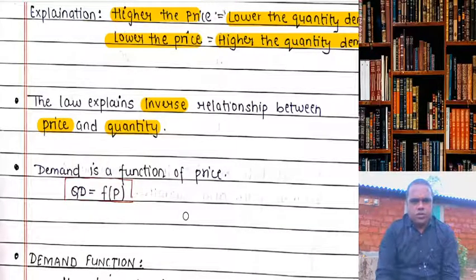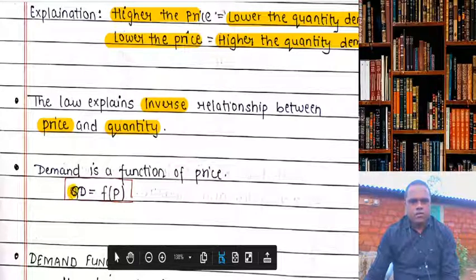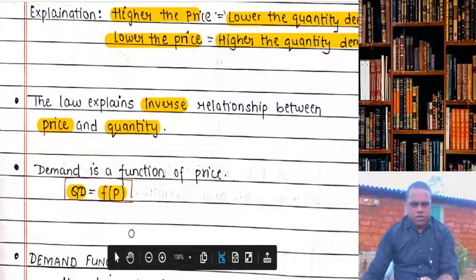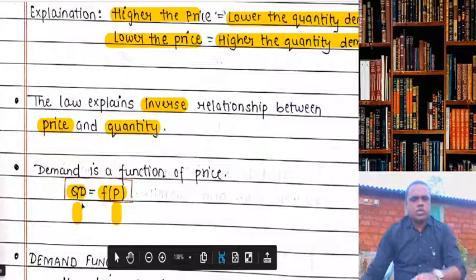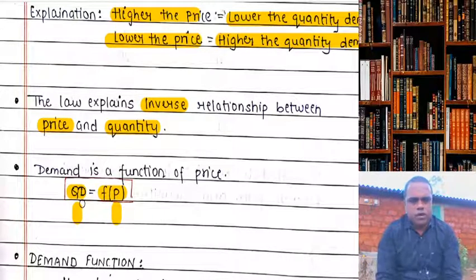To put it algebraically, quantity demanded, represented here by QD, would be a function of price. It means whenever there is a change in the price of that particular commodity, it is going to be followed by a simultaneous change in the quantity demanded of that particular commodity.